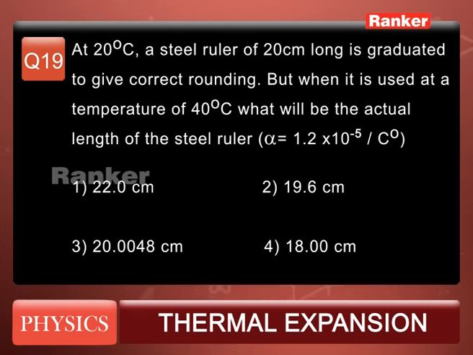Alpha is given 1.2 × 10 power minus 5 per degree Celsius. So options are, first option your 22.0 centimeter, second option 19.6 centimeter, third option 20.0048 centimeter, and the fourth option 18.00 centimeter.